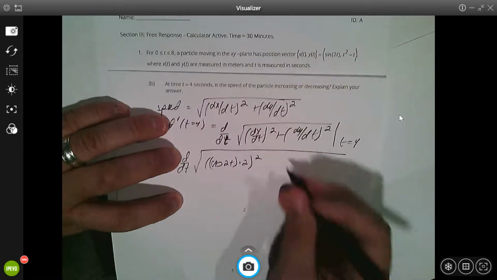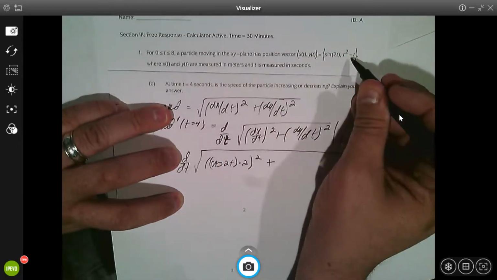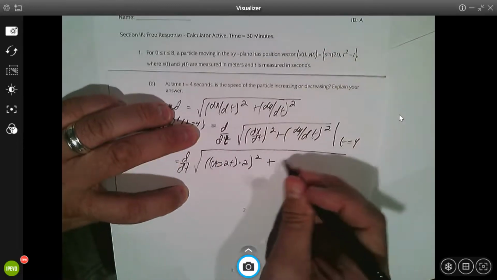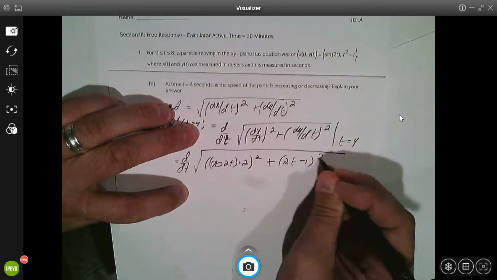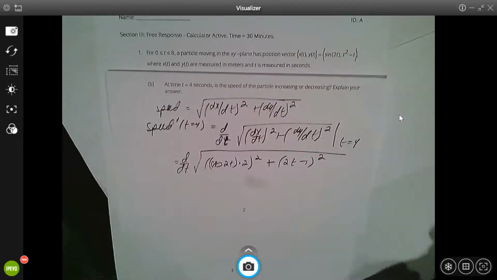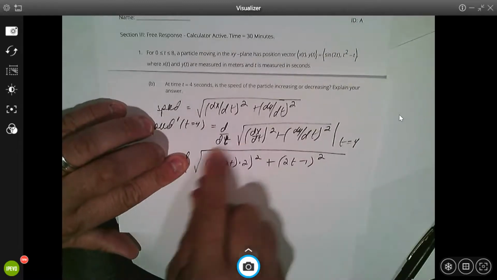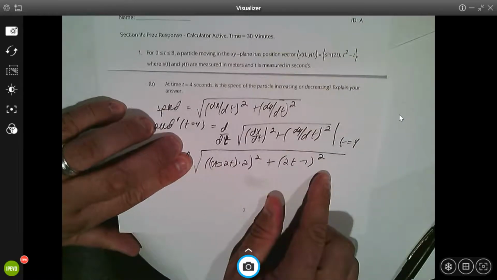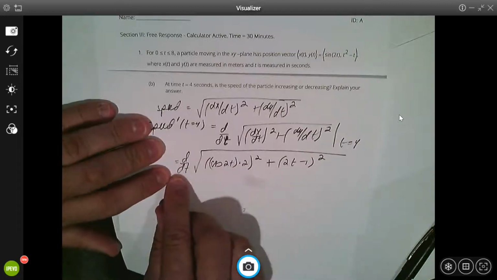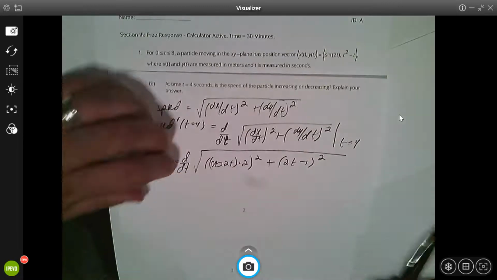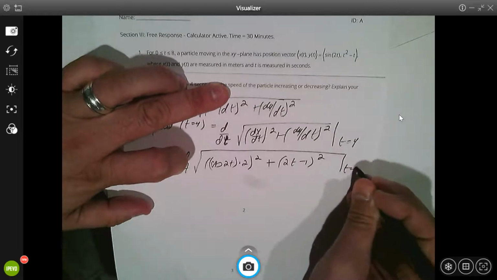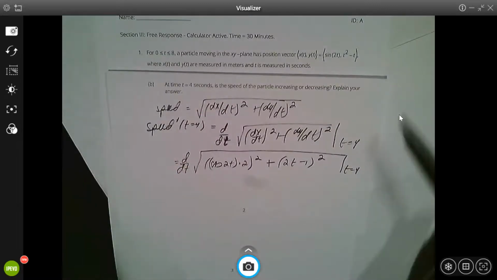I need to square that. Plus, I need to take the derivative of the y, which is 2t minus 1, and square that. I'm going to type all the stuff that's in the radical into the calculator as my function, find the derivative, and evaluate the derivative at t equals 4.